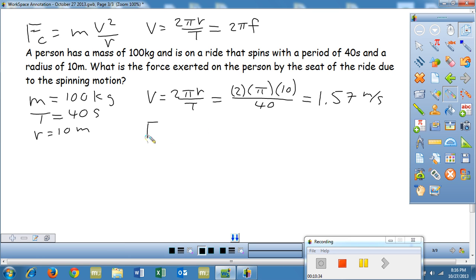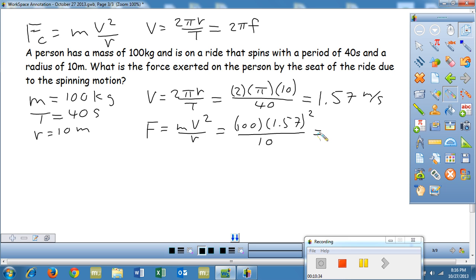The force causing this person to rotate, the seat on the person, is going to be mv squared over r. m is 100, v is 1.57, squared, over r, which is 10.